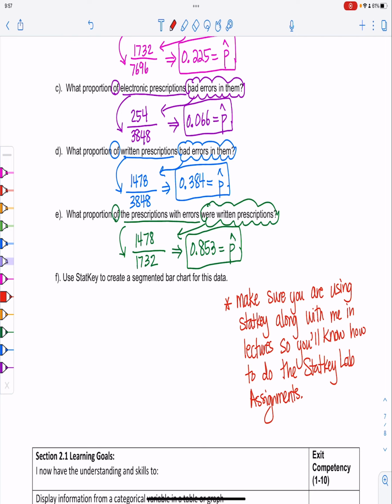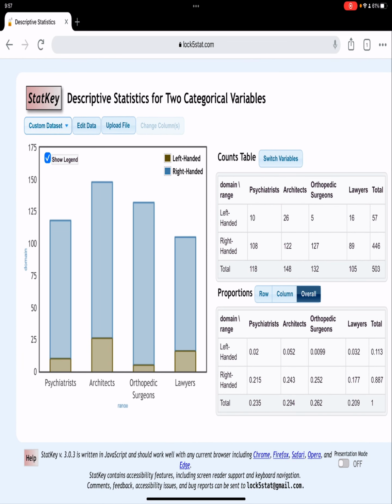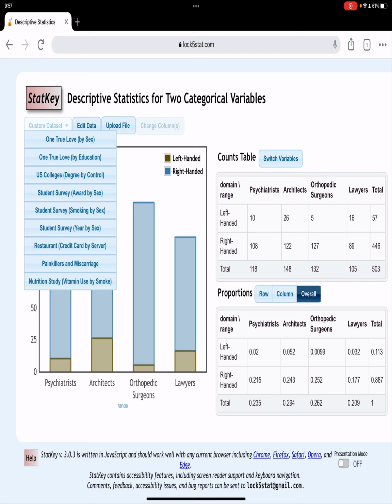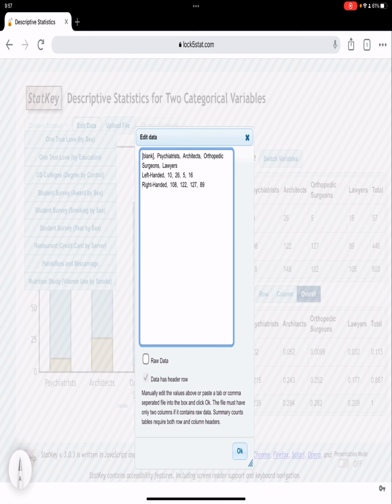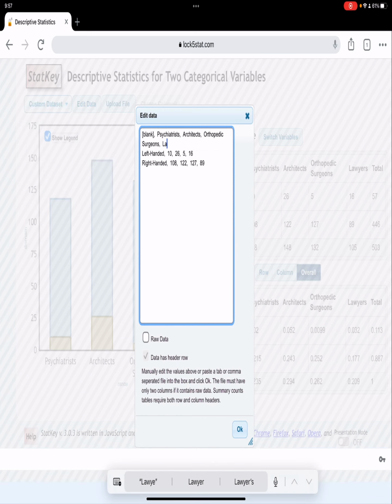Okay, so let's create a segmented bar chart for this data. So we're going to go back to StatKey. Let's see if there's a chance we have this data in here, this prescription data. And I do not see any prescription data in here, so instead we're going to edit data. We're going to do the same thing we did here, but now I only have error and no errors for my columns. So errors, no errors.